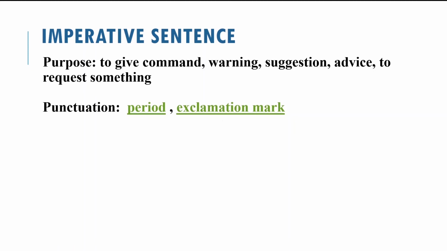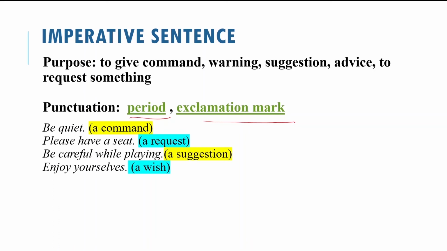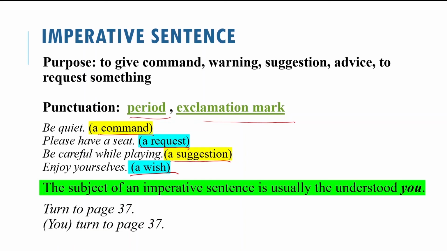They can be followed by a period or exclamation mark. Let's look at some examples. Be quiet, command. Please have a seat, a request. Be careful while playing, a suggestion. Enjoy yourselves, a wish. The subject of an imperative sentence is usually the understood you.